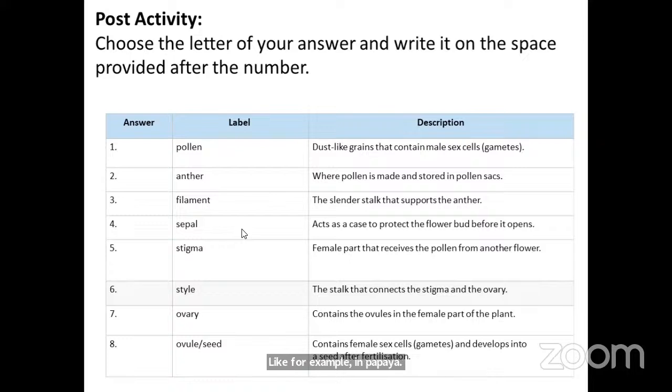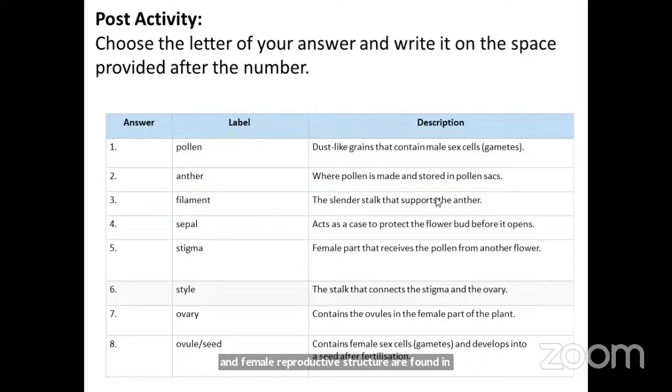Okay, I got the next question. It says here, previously we explained about perfect flowers and imperfect flowers. A flower is said to be perfect if both the male and female reproductive structures are found in a single flower.